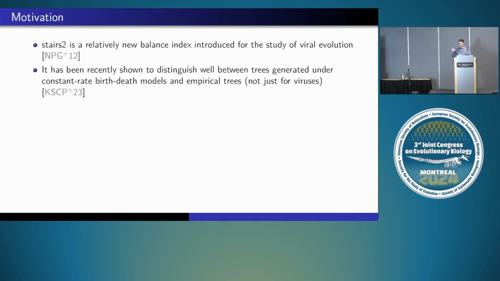So to kind of zoom out, stairs 2 is a balance index, and I'll tell you more about what that is. But the reason we want to study that is we've got models for how trees should evolve in time, and that'll give you a distribution of trees with probabilities.